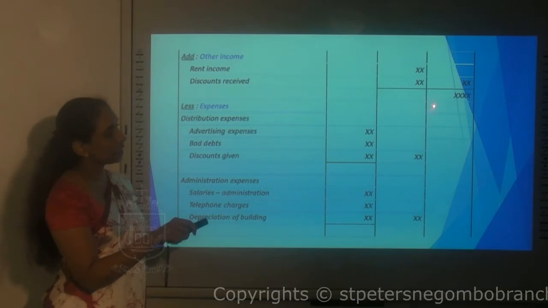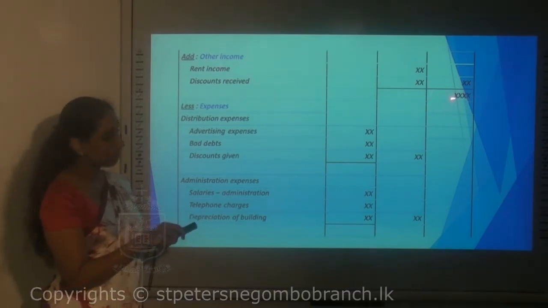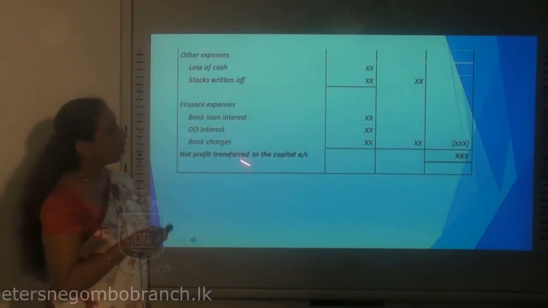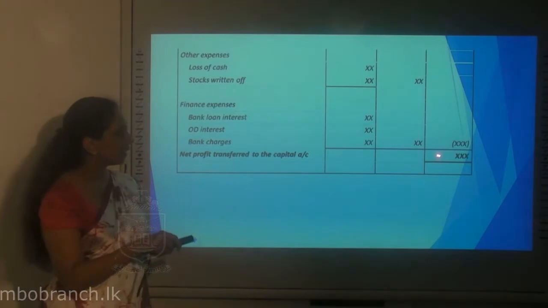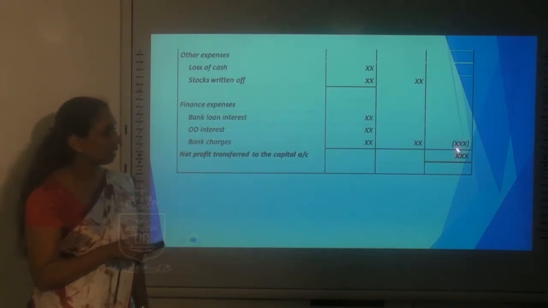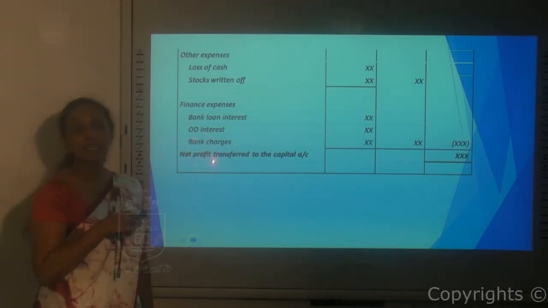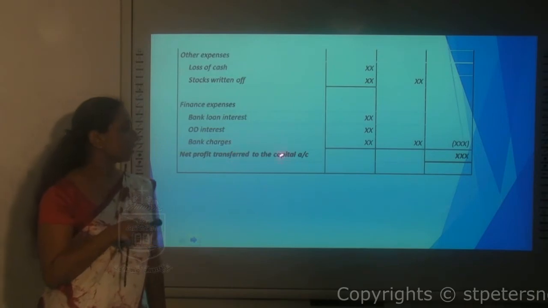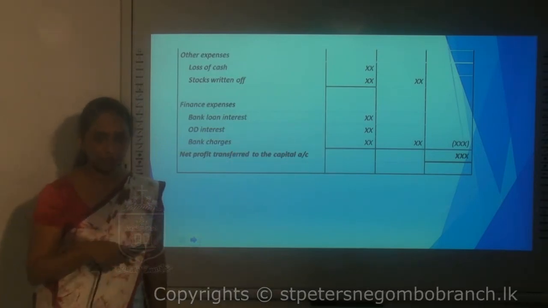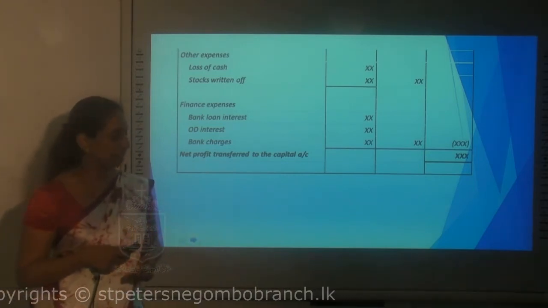What is this figure? This is the total of gross profit and the other income, and from that figure we have to deduct the total of all other expenses and then we can arrive at the net profit figure. For that figure we have to say that it is net profit, and that will be transferred to the capital account because the profit belongs to the owners, and here we are talking about a sole proprietorship.